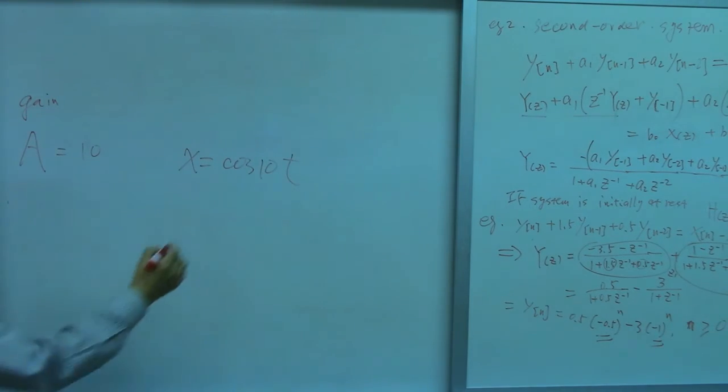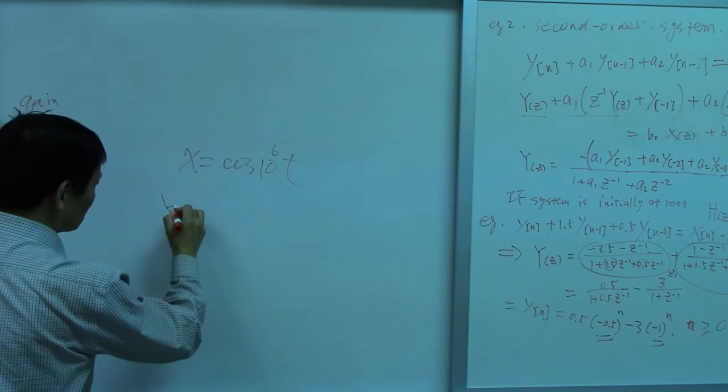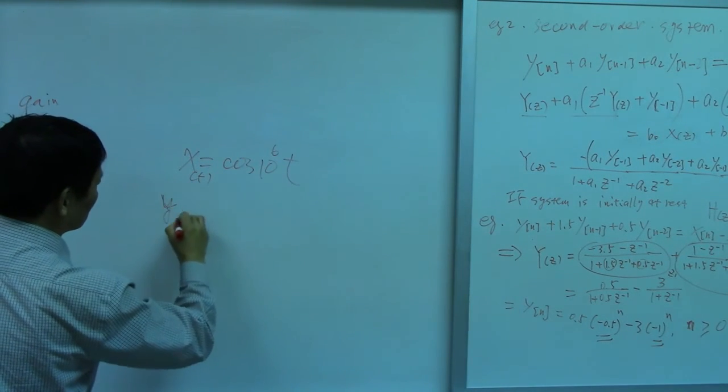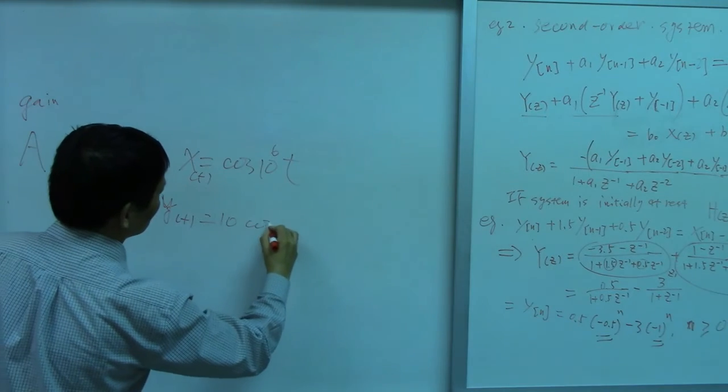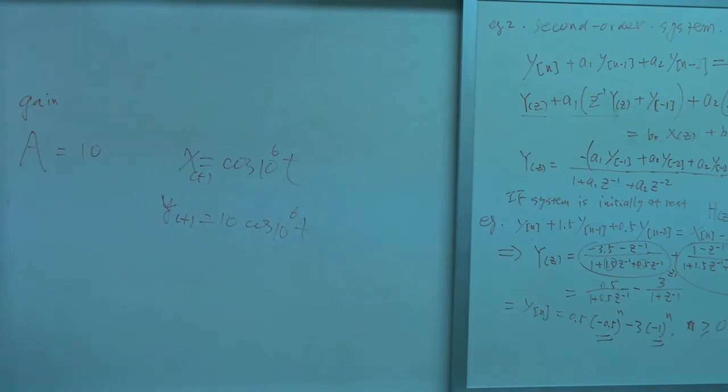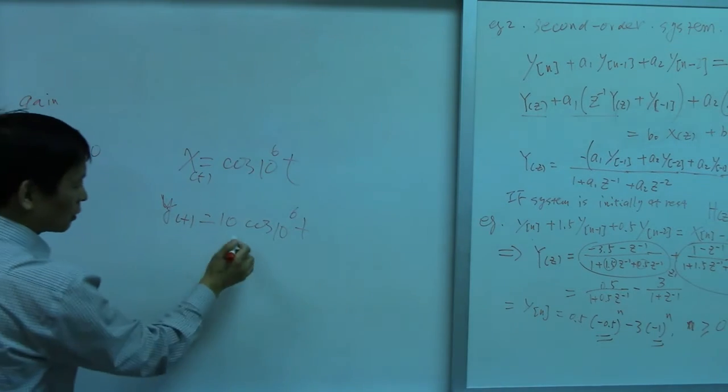I make it more real: 1 meg, cosine of 10 to the 6 t. What is the output? The output will equal 10 times the cosine, times the input. Yes or no? That is the voltage gain. So the gain times the input.